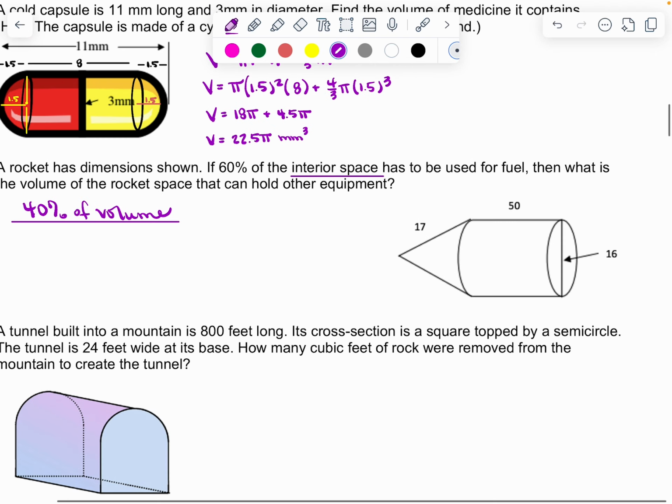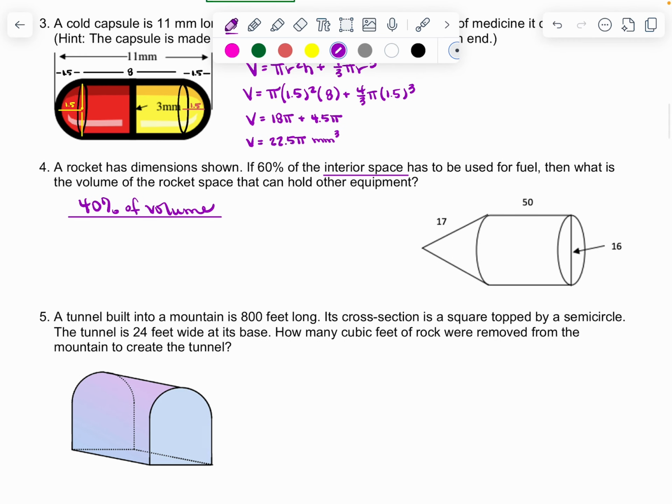So we're going to calculate the volume of this lovely design, which is clearly a cone sitting on top of a cylinder. And then we're going to take 40% of whatever that volume is. Basically I'm going to write this in one long formula like I always do.